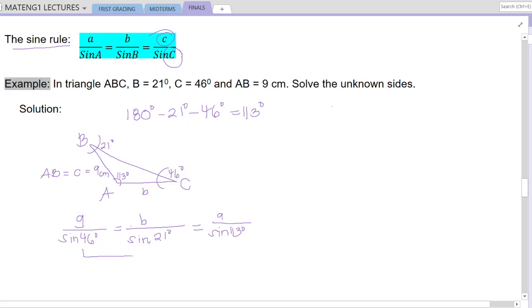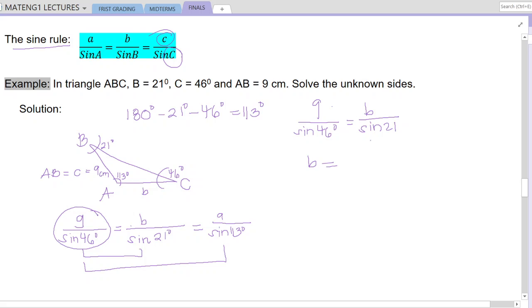Okay, so equating these two, next is we equate these two since we have the given already. So we use the given, which is 9 is to sine 46. So having that one, 9 is to sine 46 degrees, that is equal to the first, which is b, is to sine of 21. So we may be able to get the value of b by cross multiplying.